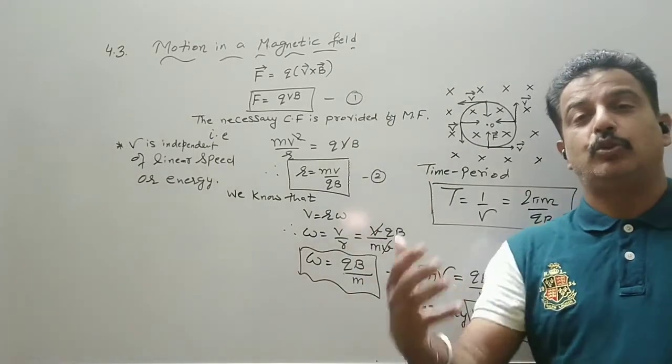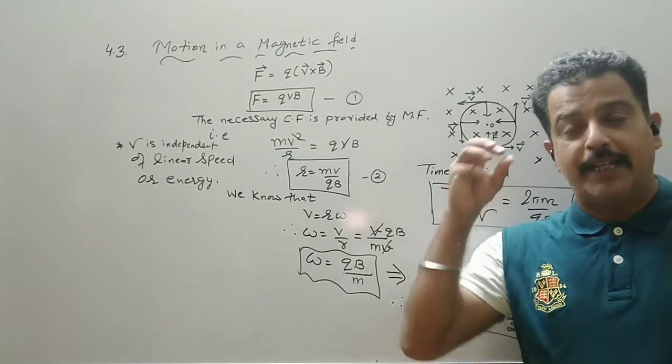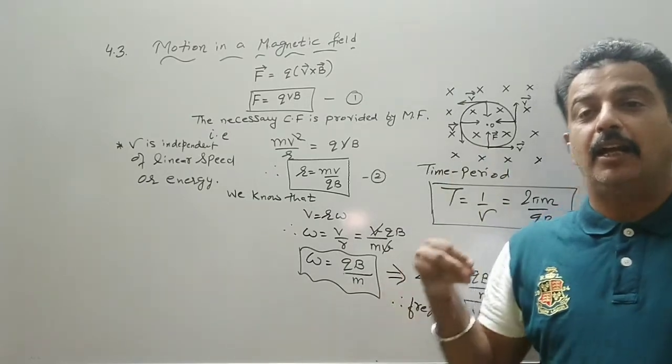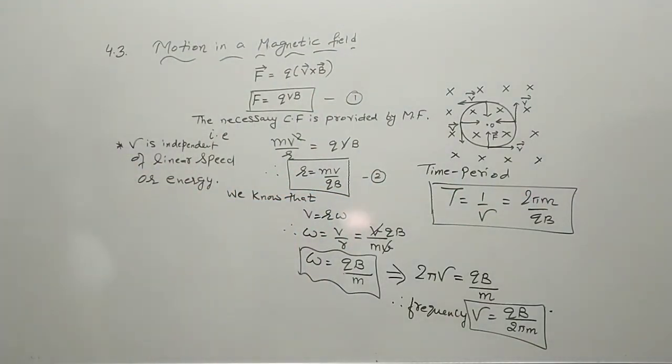Now let us come to a situation where the particle will enter making an angle theta with the magnetic field. Let us see what will be its trajectory.